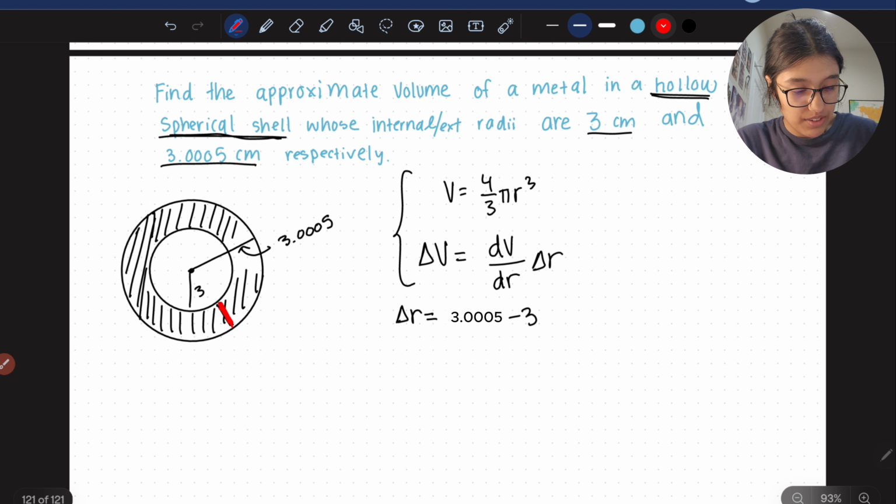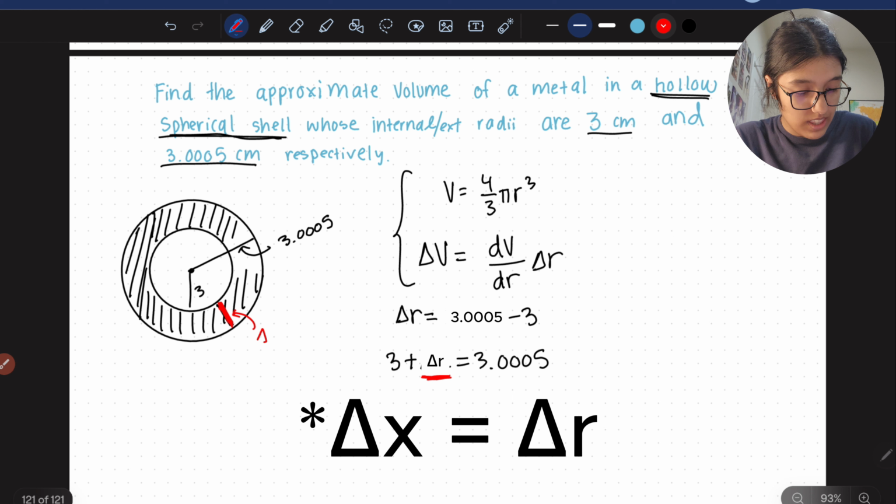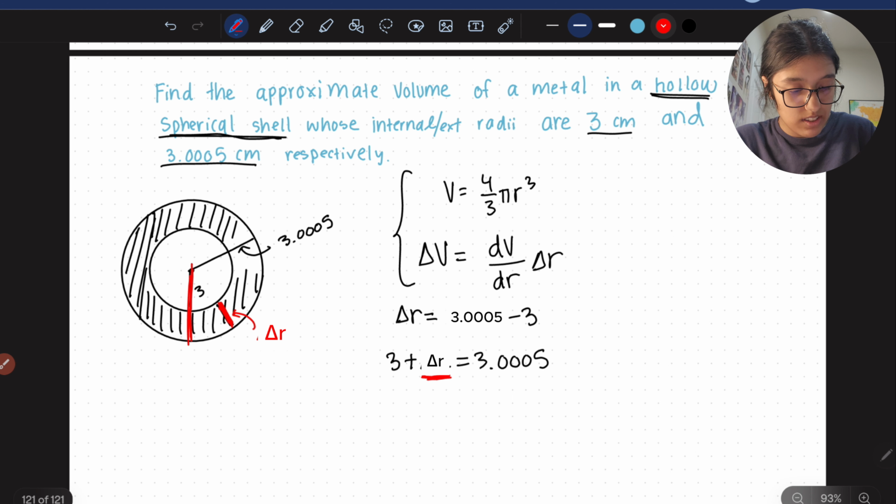That's delta r. Another way you could think about it is saying 3 plus delta r is equal to 3.0005. This is delta r right over here. So we're doing 3 plus that delta r, which will give us 3.0005.